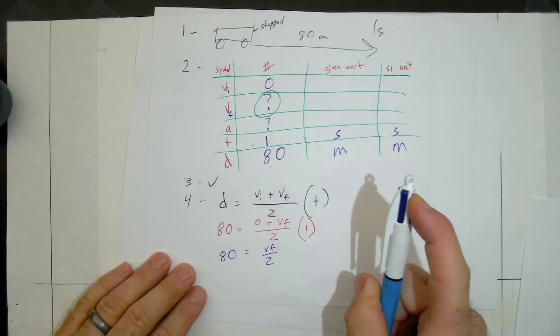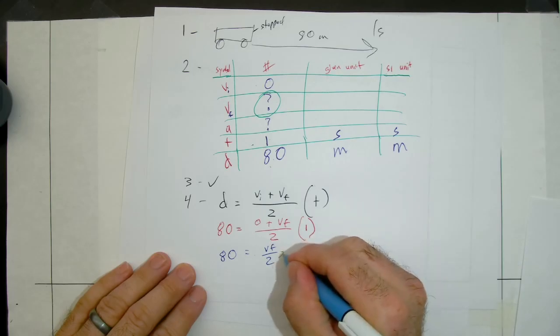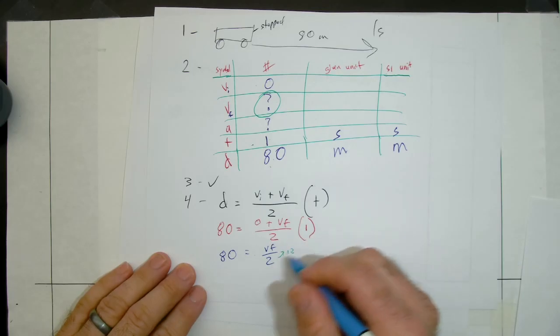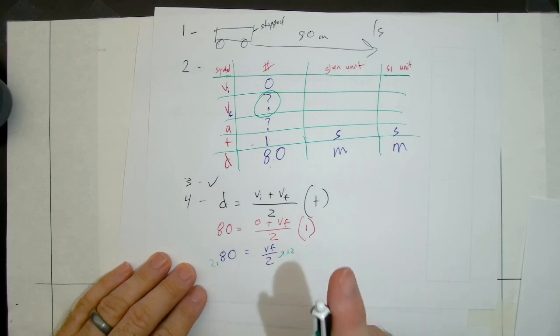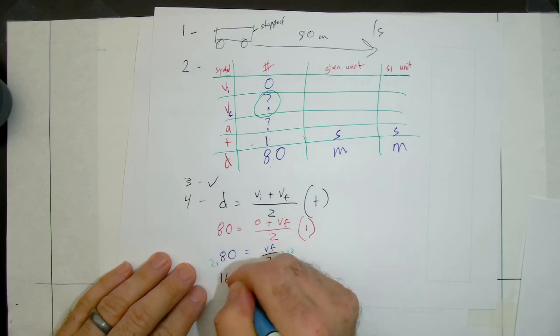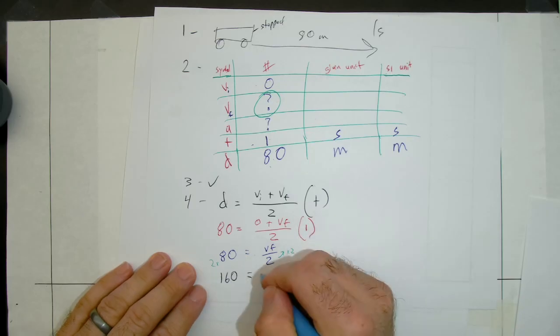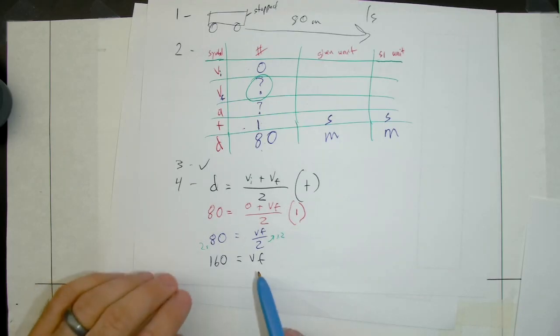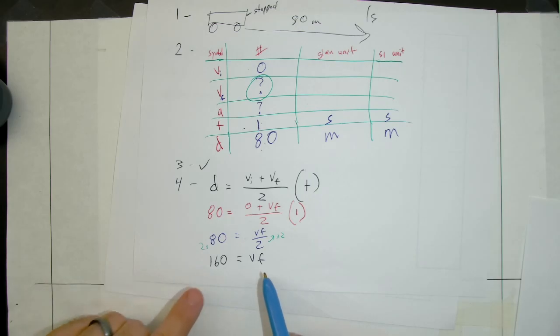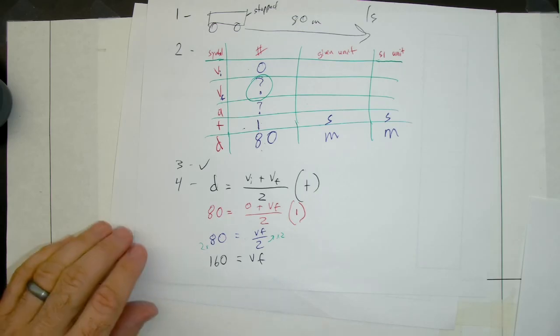Now we're going to multiply both sides by 2. Get this out from under it, times 2. And this side times 2. And we would find that, in fact, 160 equals VF. So velocity final would be 160.